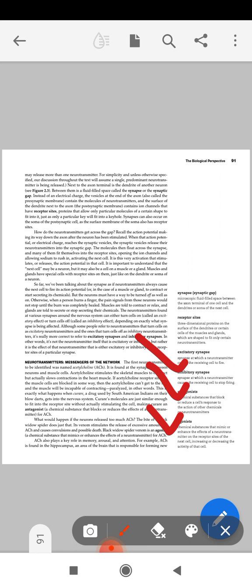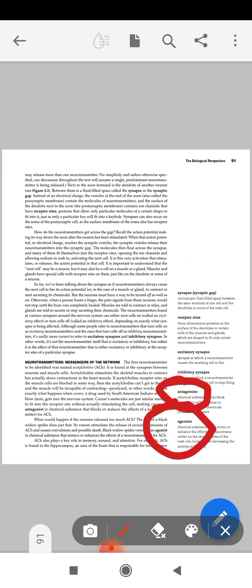Now what will these antagonists do? Antagonists are external substances which do not belong to our natural body. It may be a drug, and an agonist will also be something like a drug or anything else not related to the body. Now this antagonist will work opposite to the effect of the neurotransmitter.